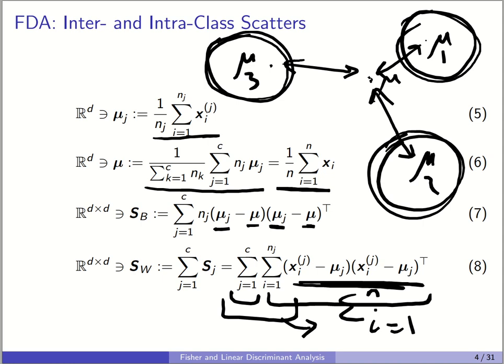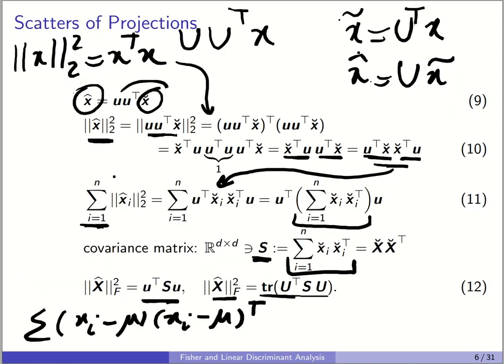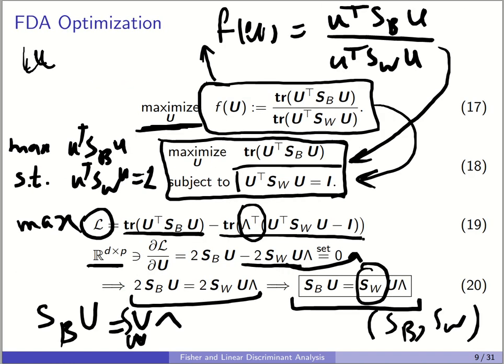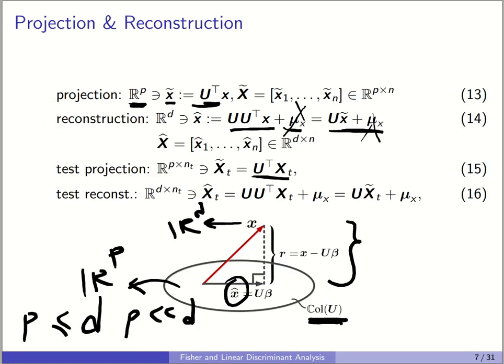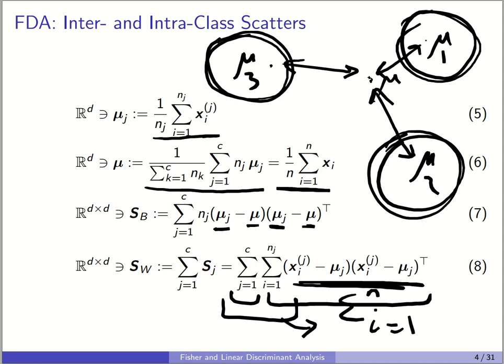Because we have a summation over n data points, the rank is at most n minus 1. Why is it n minus 1? Because if we assume that we have only one data point, the rank is 0. That's why, because of this special case. So the rank is n minus 1 because of this summation.